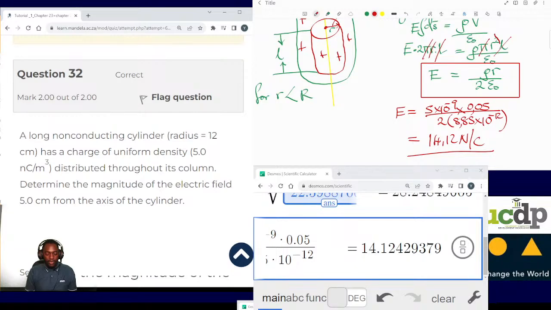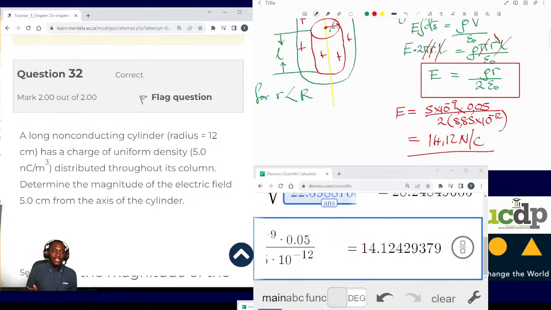So the other question that you are asking is, how did we arrive at the specific Gaussian surface? Remember I told you that we have a long non-conducting cylinder. So a Gaussian surface should perfectly match that cylinder, right? The Gaussian surface must perfectly match the shape of the charged object that you are given.